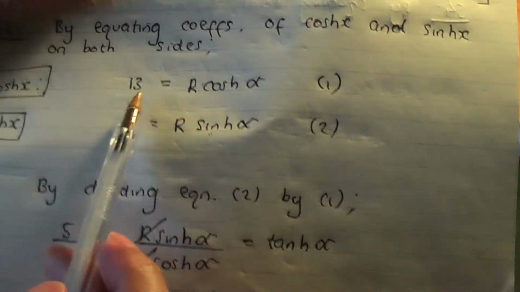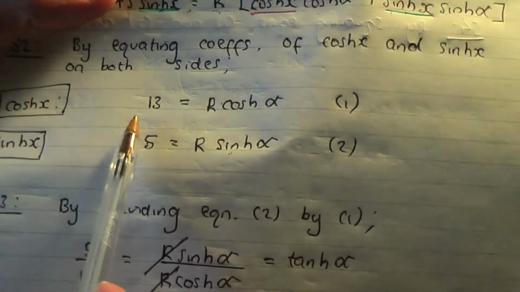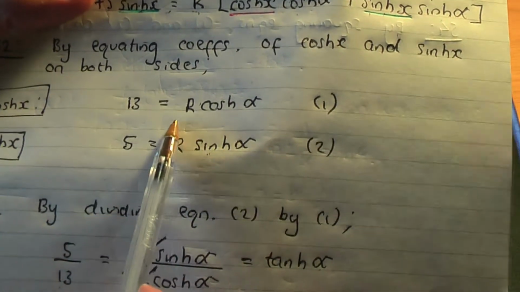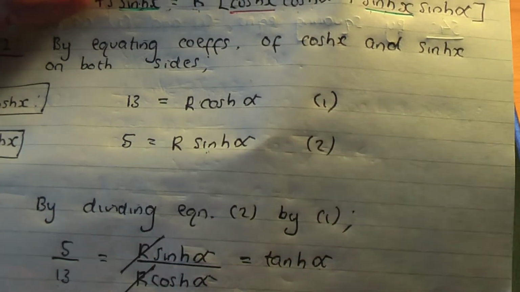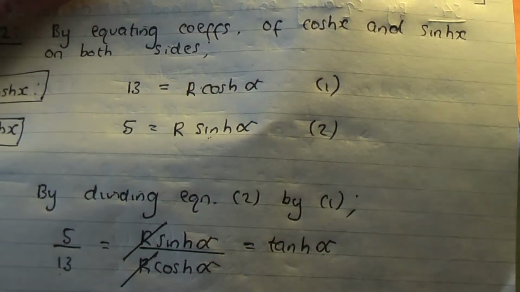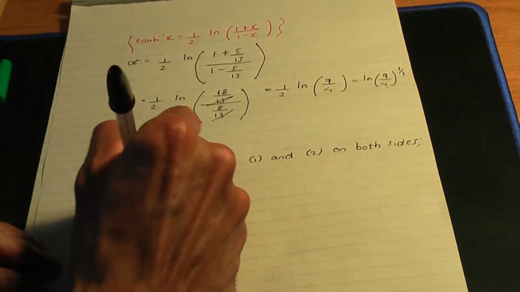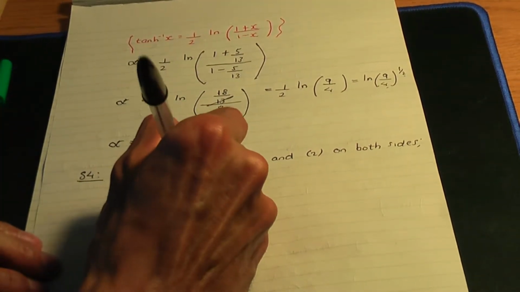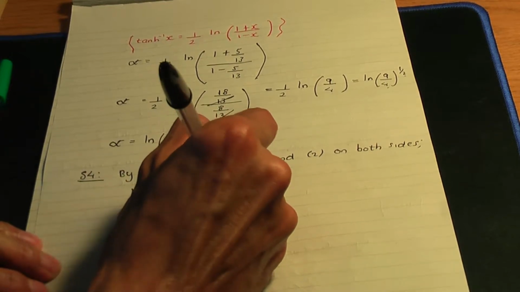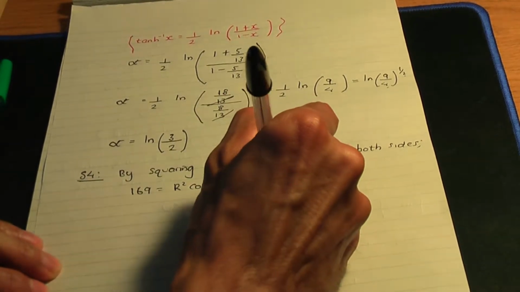If we square equation 1 on both sides, 13 squared is 169, and that is equal to r squared hyperbolic cos squared alpha. Let me call that equation 3.